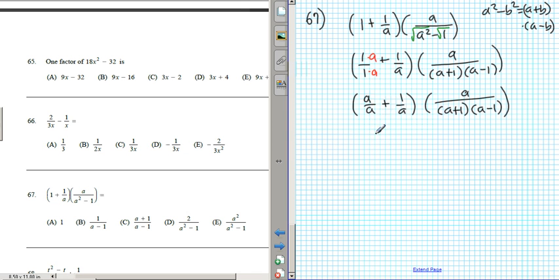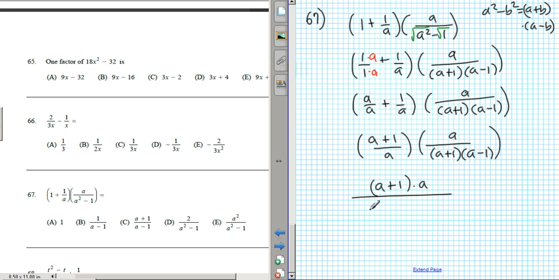Alright, so to combine this, you're going to have a plus 1 over a on the left side, and on the right side, you're going to have a over a plus 1 times a minus 1. Okay? Alright, so now let's use it as a multiplication. So we're going to have a plus 1 times a on the top divided by a times a plus 1, a minus 1.